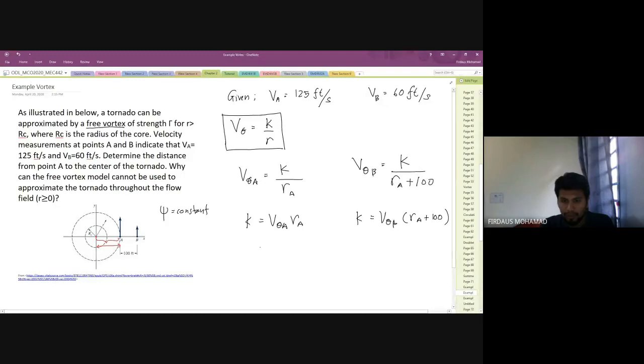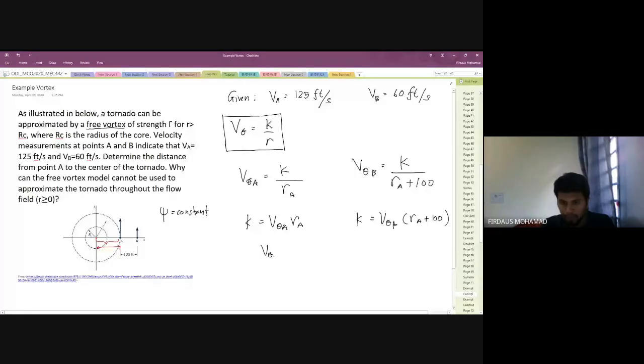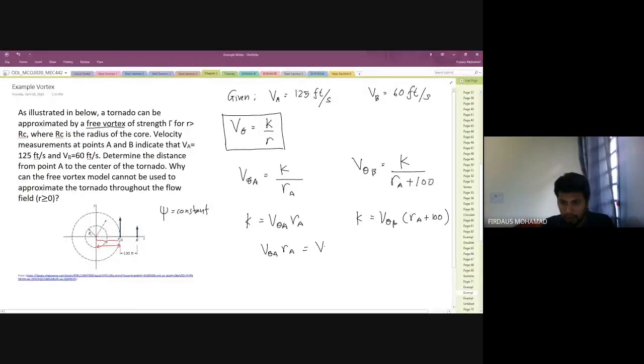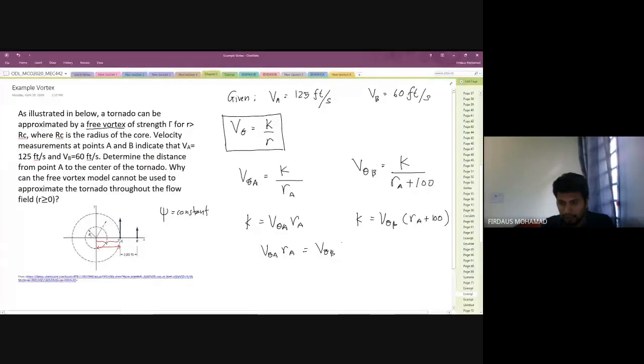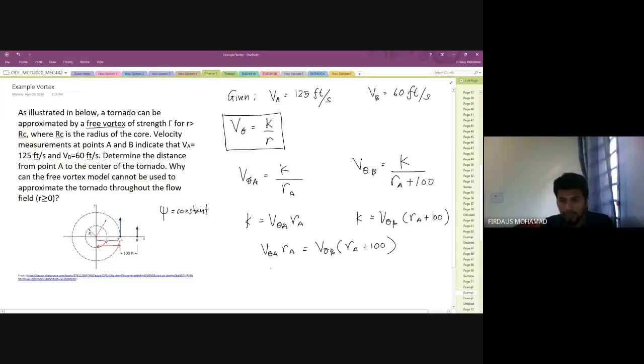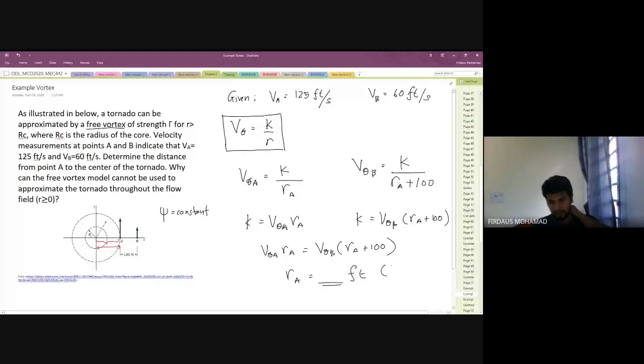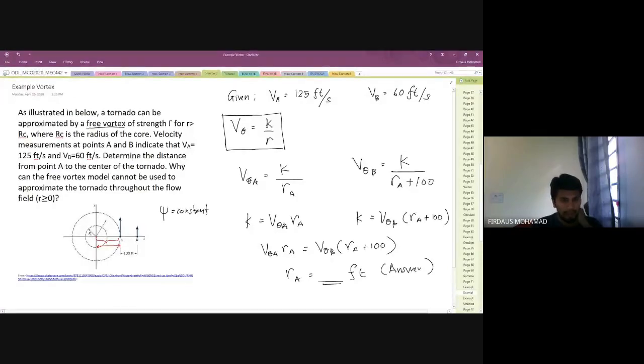So we can calculate RA: v theta A times RA equals v theta B times (RA plus 100). v theta A is given as 15 feet per second, and v theta B is also given as 60 feet per second. So try to find what RA is in feet, and you can get the final answer for the distance from A to the center of the tornado.